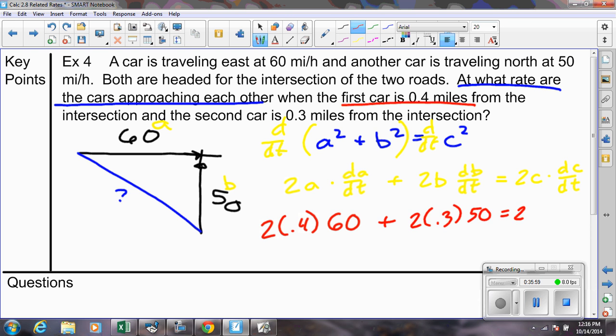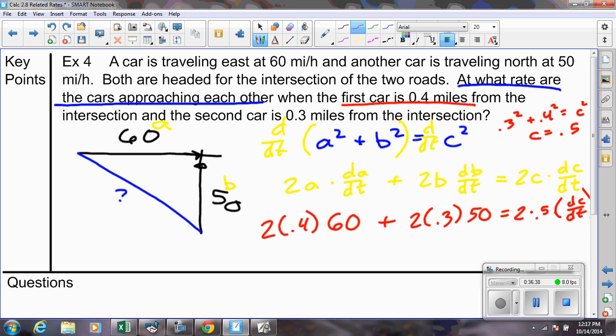That would give us 2C. We're not told C, but could we figure it out? Yeah, Pythagorean theorem, 0.3 squared plus 0.4 squared equals C squared. If we solved that, we'd get C is equal to 0.5. So 0.5 dC/dt, which is what we're trying to figure out.